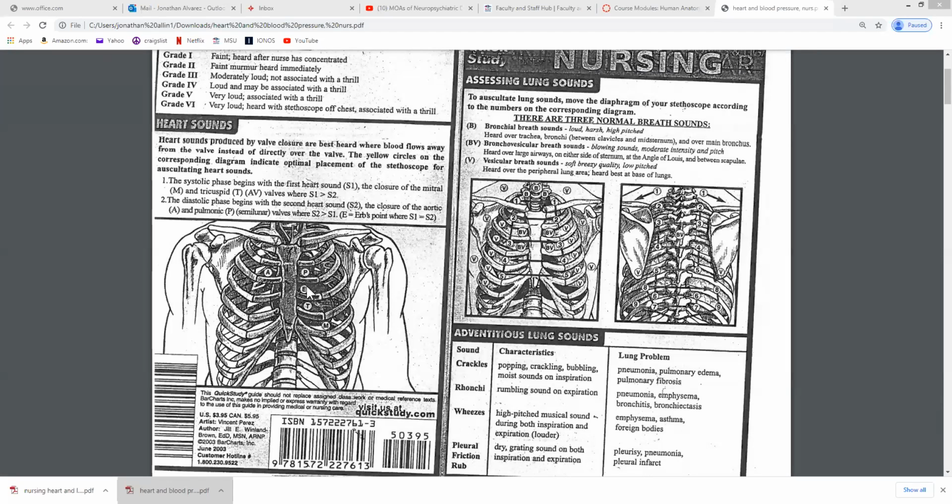Work your way down, third intercostal space on the left, Erb's point, where S1 and S2 heart sounds are equal in pitch. Work your way down, fourth intercostal space on the left is the tricuspid valve sound. And then you move over to the fifth intercostal space on the left, mid-clavicular line, that's the mitral valve.